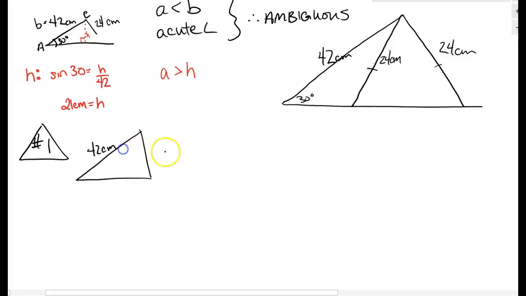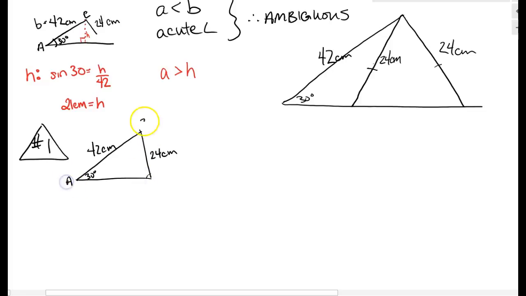42 centimeters by 24 centimeters, 30 degrees. This is the one that is automatically going to be solved for when we use sine law. So we can solve for this base angle next.